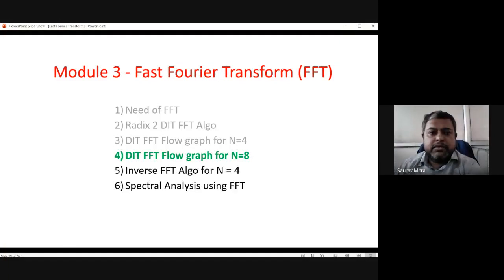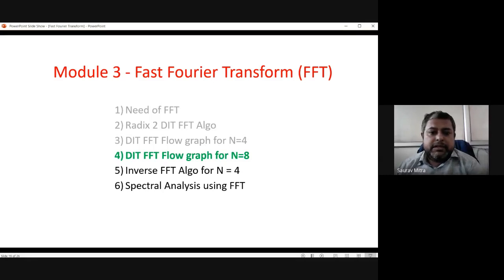So this is module 3 we had started, the fast Fourier transform. So far we have seen the need of FFT. We started our journey from DFT, and we checked the 4-point DFT and some numericals. After that we found out the advantage of FFT over DFT.